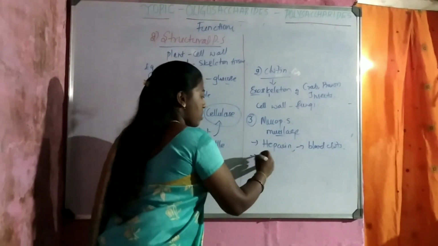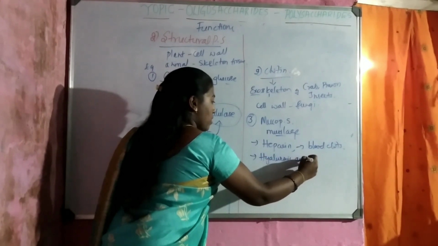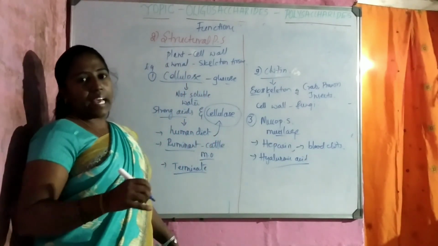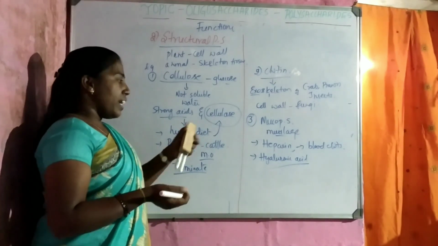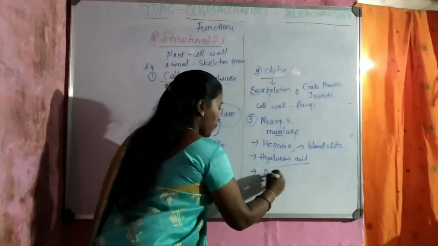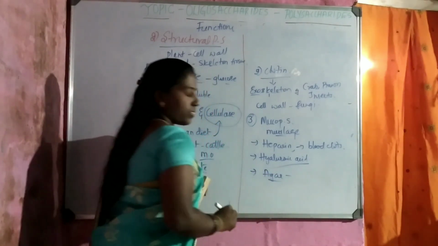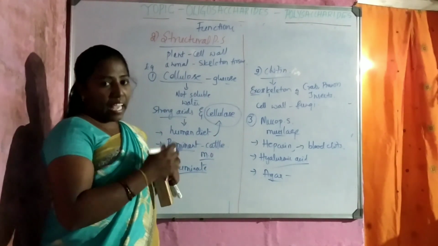The next is hyaluronic acid. This hyaluronic acid is found in joints. It helps as a lubricant. And even some examples like agar you can take. Agar is extracted from some sea algae.